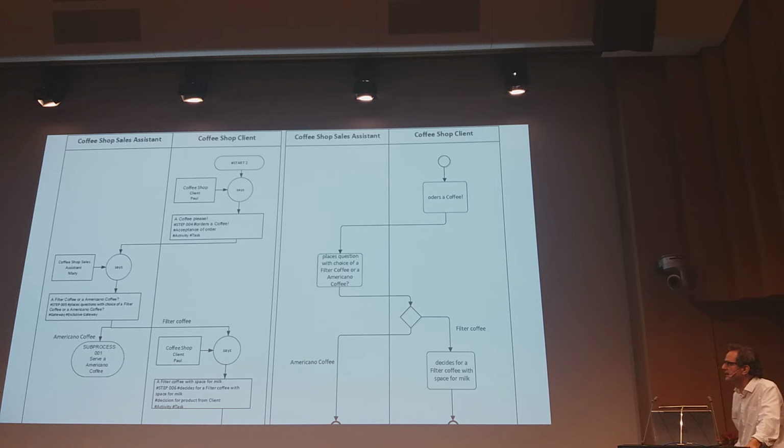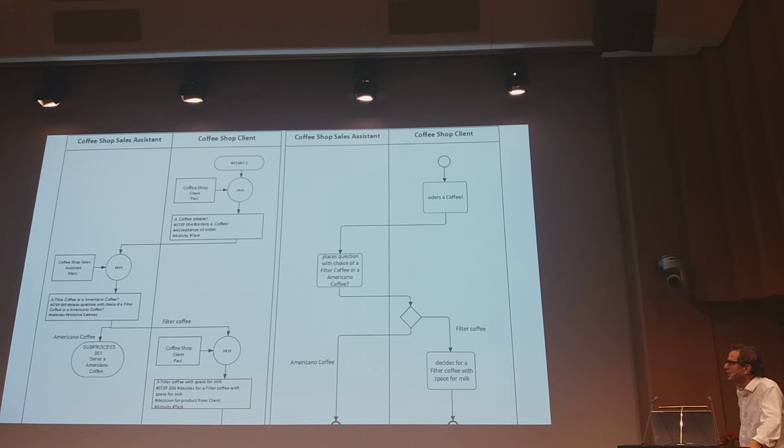So on the left side you have these two branches of the decision. If there is the decision of an Americano coffee, there will be called then sub-process 001 serve Americano coffee.